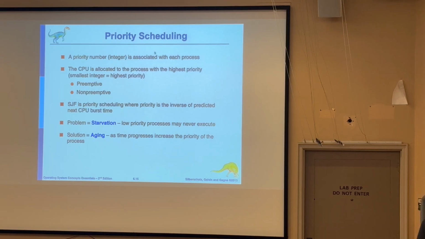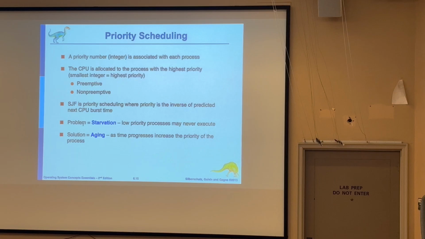The CPU is allocated to the process that has the highest priority. You can have preemptive, and you can also have non-preemptive scheduling. Different OSes do it differently. Shortest job first is a priority scheduling where priority is the inverse of the predicted next CPU burst time.